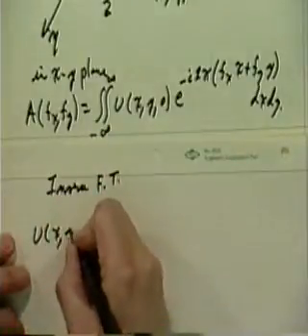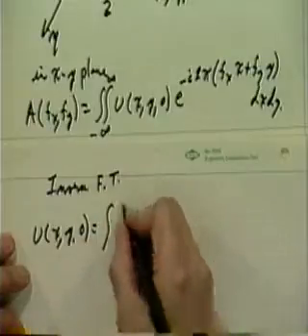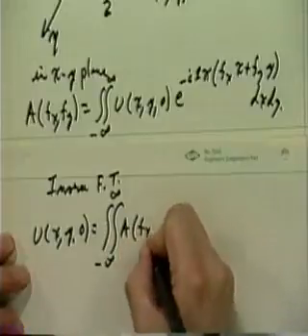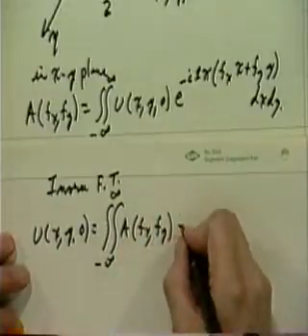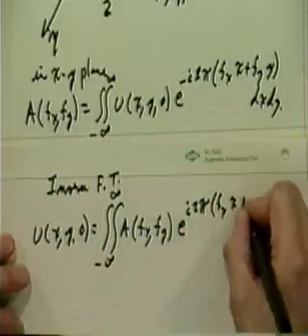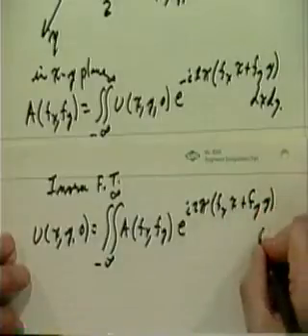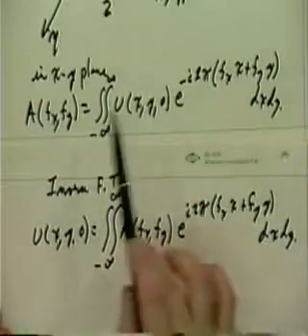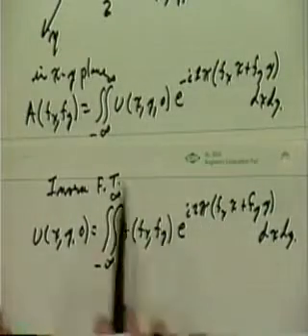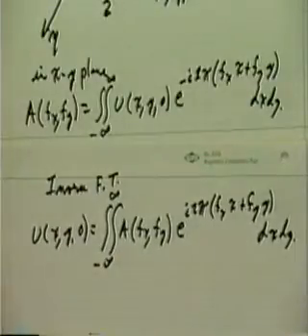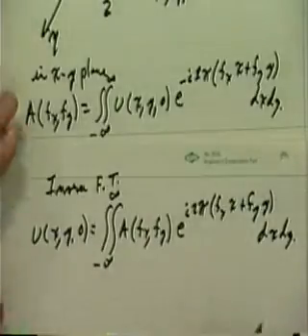U of x, y, and 0 is the integral here of A of f sub x, f sub y, e to the i 2 pi (f sub x x plus f sub y y) dx dy. And so we can do the Fourier transform, or if we had A, we could do the inverse Fourier transform and get back to U. Okay, well, maybe so what, but we'll see in a little bit why we're looking at this.